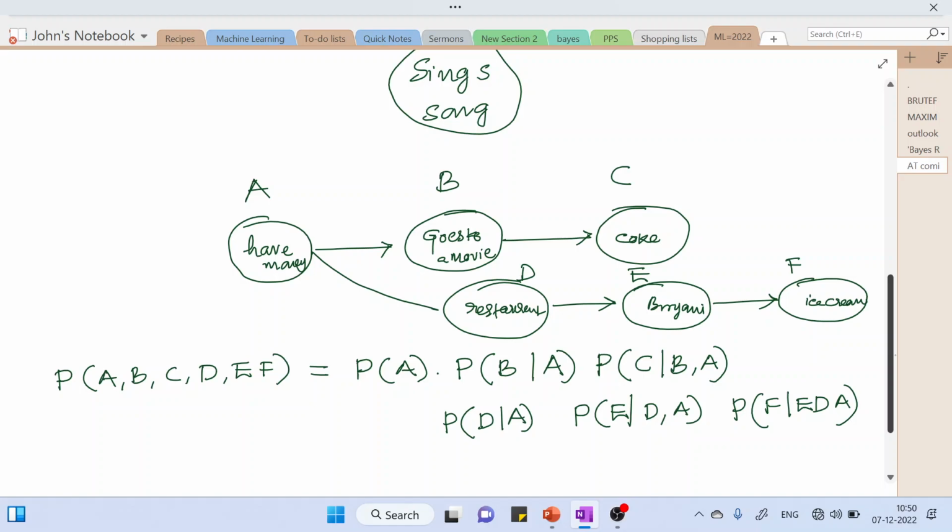Here this arrow mark indicates the dependence. Now see it technically.